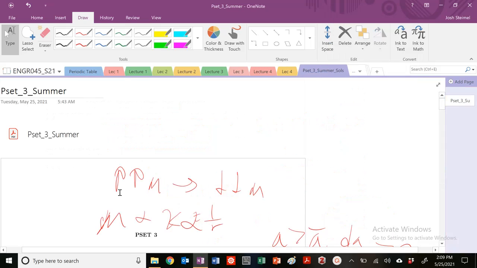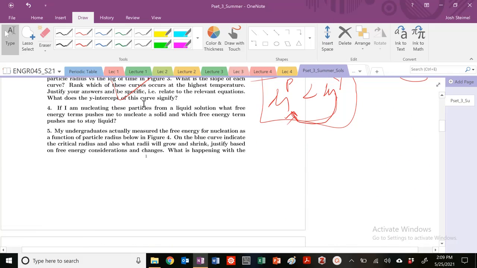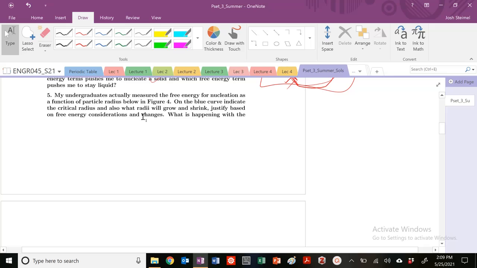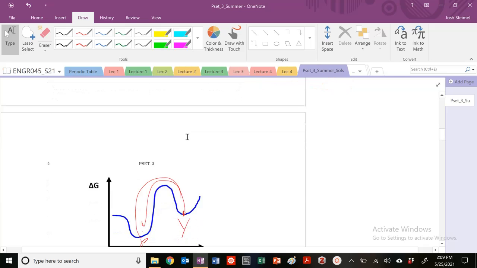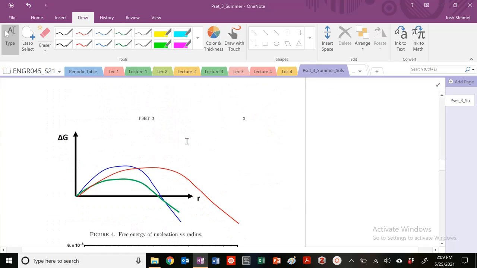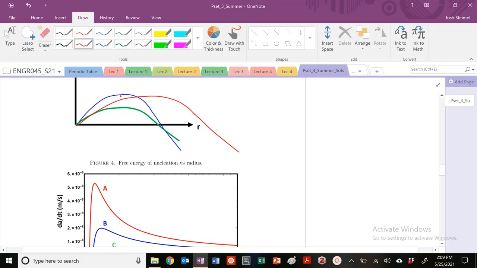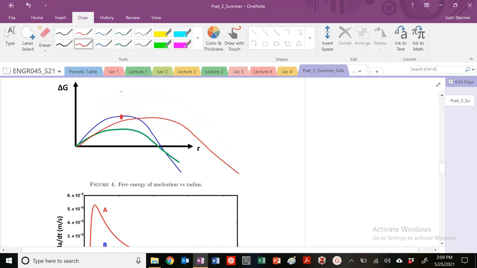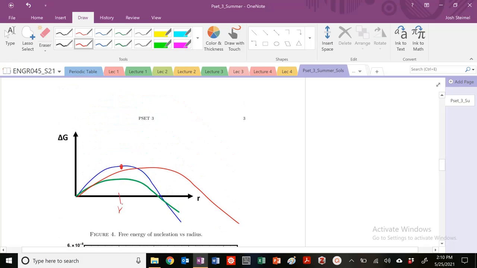Nice conceptual question. So here we go. My undergraduates measure the free energy for nucleation as a function of particle radius, as shown below in Figure 4. On the blue curve, indicate the critical radius and also which will grow and which will shrink. So my critical radius occurs here, this is my R crit.